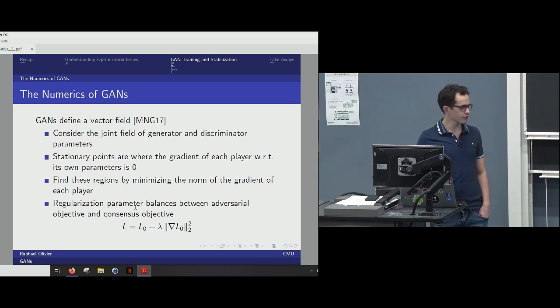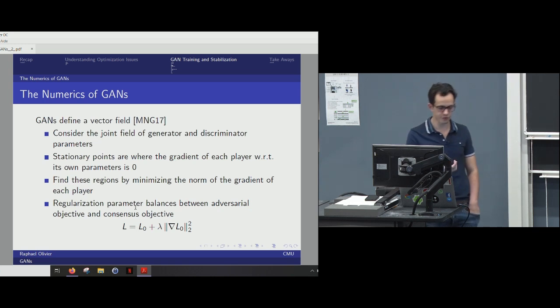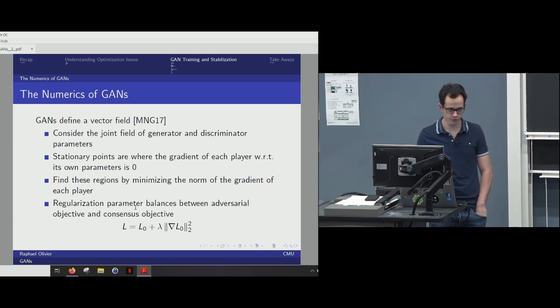Some of the papers actually have some explanation and understanding of the entire process as a vector field, and all the things you'd find in a real optimization math paper. And they argue that if you want the stationary point to be attractive, because the gradients are 0 at this specific point, you need to enforce that the gradients of each player for their own parameters are 0.